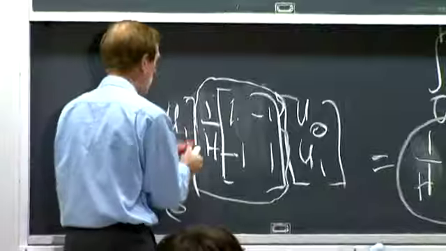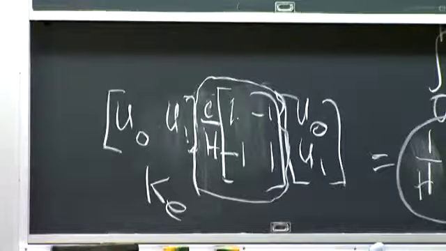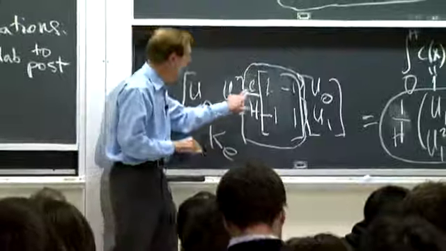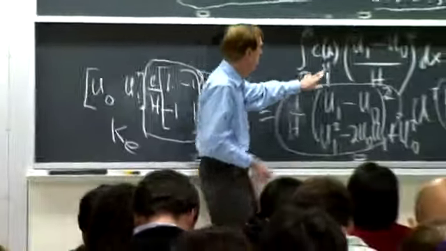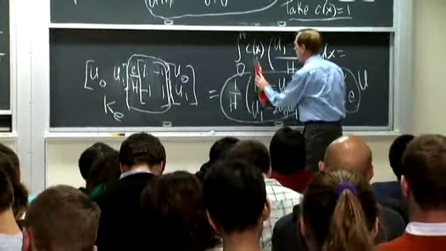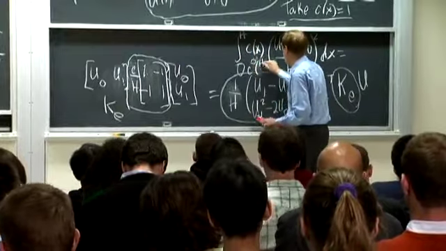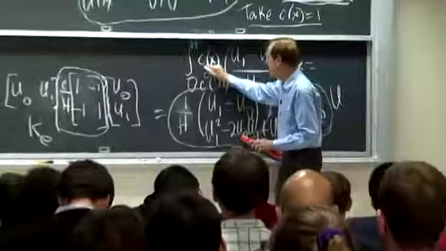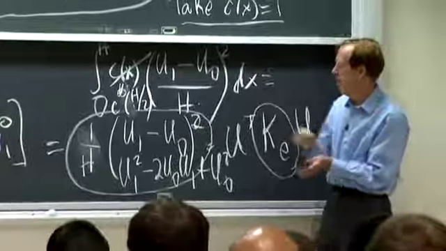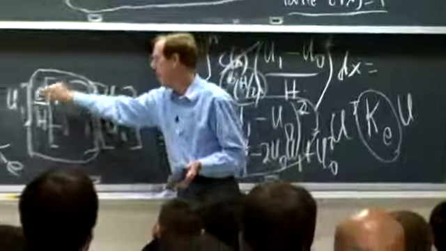A c should really be coming in there, and you expected that, right? From the A transpose C A, we always saw a C in the middle. It really should be there. When I took C to be 1, I didn't see it. So what am I doing? I'm approximating c of x by c at halfway. I would replace this unpleasant, possibly varying function by c at a point and use that value.